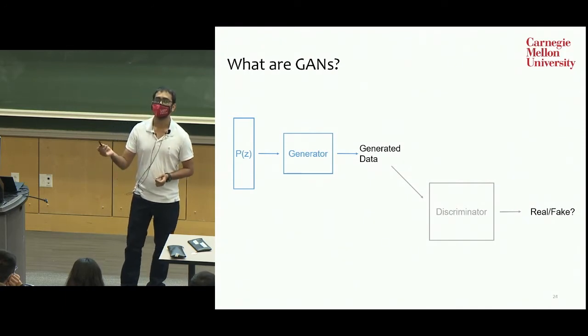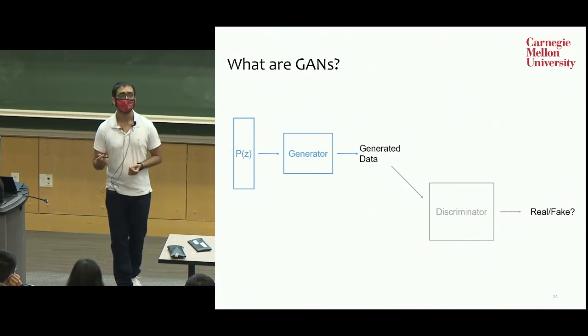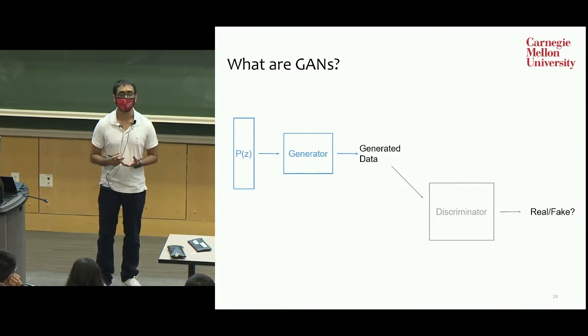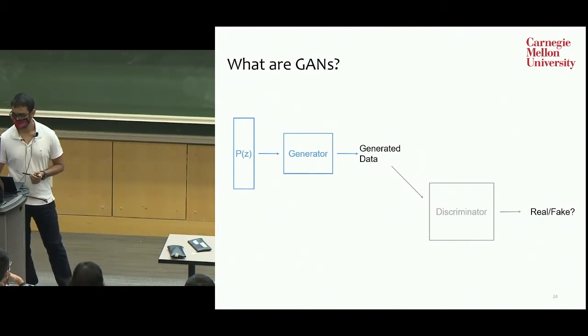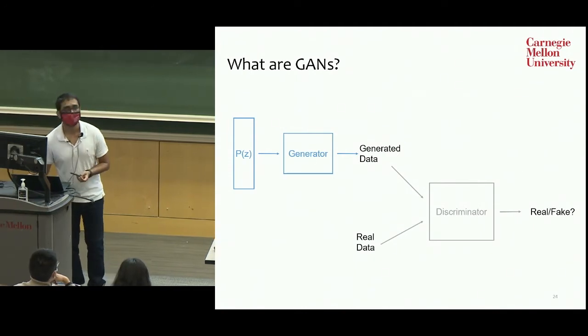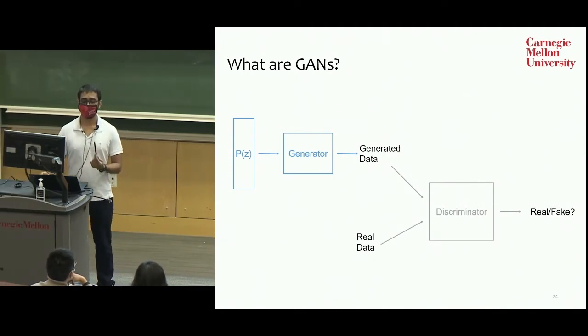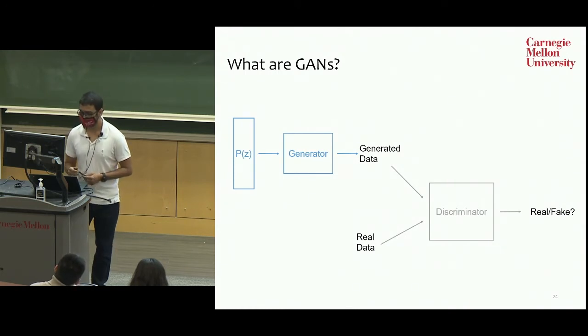When the image is coming from the generator, it's called a fake image. And when we pass an actual image from the training set, it's called a real image. You pass the generated data and the real data, and the discriminator predicts whether it's a real image or a fake image.